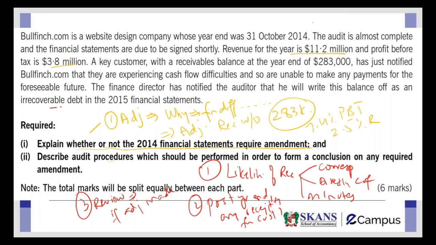In this case, the director has very particularly said that I do not want to write them off right now. So my answer would be, I will discuss with the director why he's not willing to make the adjustment, and I will tell him that adjustment has to be made, and then check if the adjustment has been made. That's the idea for this question in particular.